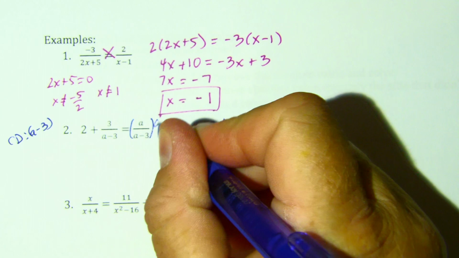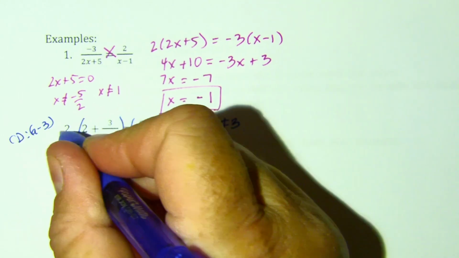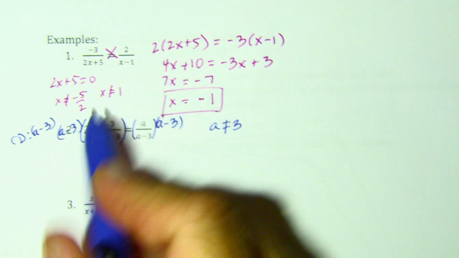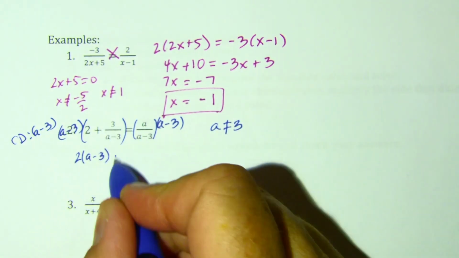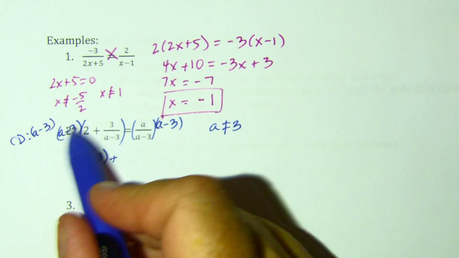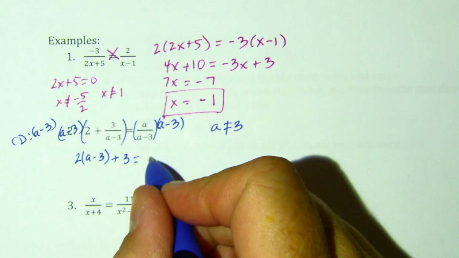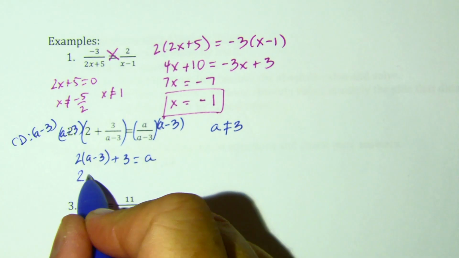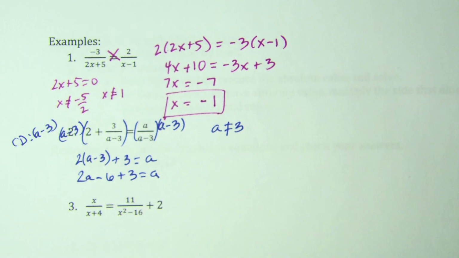So I'm going to multiply by a minus 3 on this side, and I'm going to multiply by a minus 3 on this side. A minus 3 times 2 is 2a minus 6, plus a minus 3 and a minus 3 here will cancel, and I'll just have 3. Here they cancel, and I have just a. So 2a minus 6 plus 3 equals a.